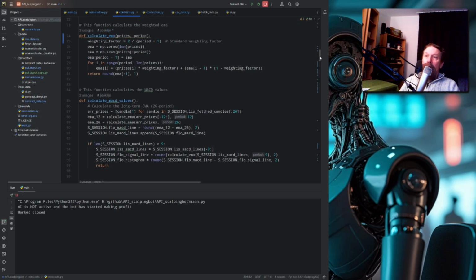I'm working on the fact that I want to check that the MACD values from the bot are the same MACD values as from the trader. And if you looked at the video of yesterday, you saw that there was a huge difference between the trader MACD values and the bot MACD values.